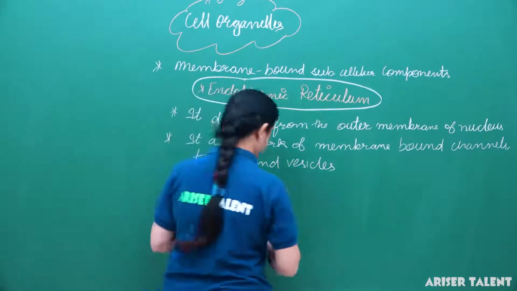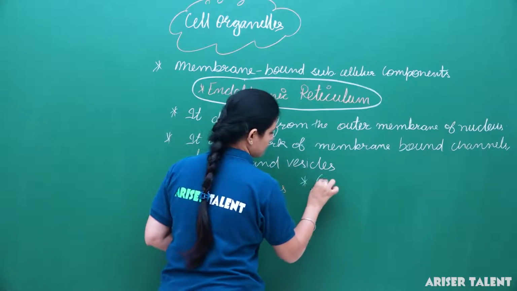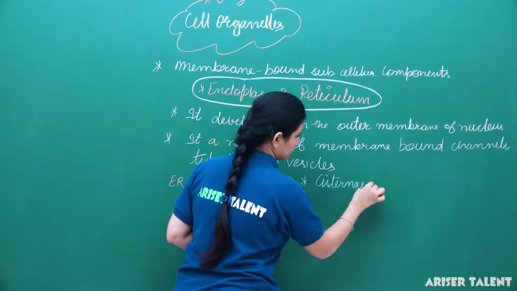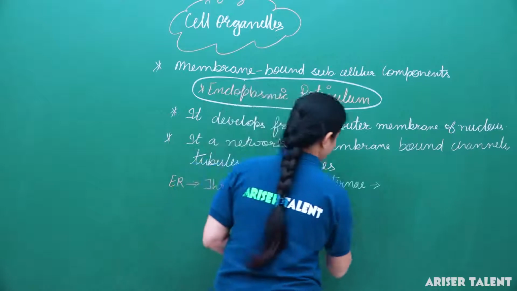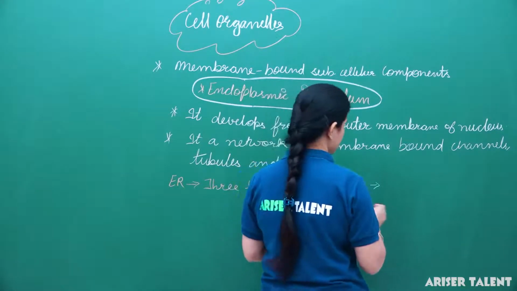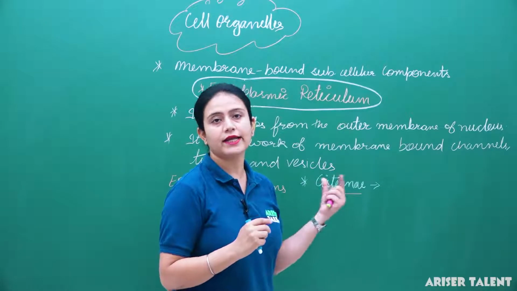What are they? First of all we will talk about cisternae. It is a form of endoplasmic reticulum. If we talk about the cisternae, then we can say it is a flattened, unbranched, sac-like element.